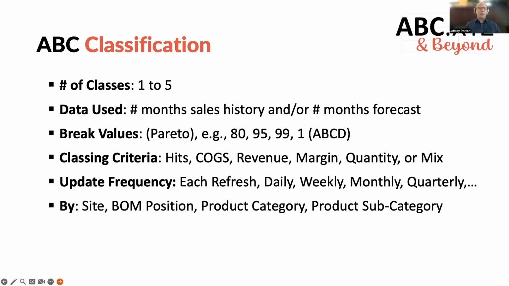So the key takeaway in the ABC classification is do this on a frequency that really reflects the movement and the change of your mix of products, because that's a foundation upon which we begin looking at what service objective we want to tie to these, and on down the road down to the overall execution.